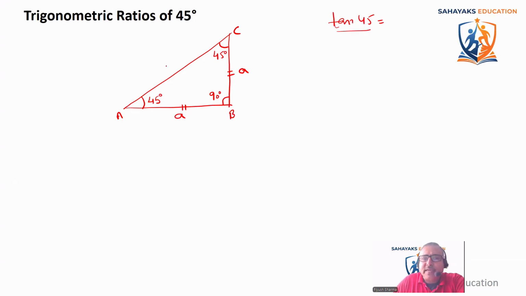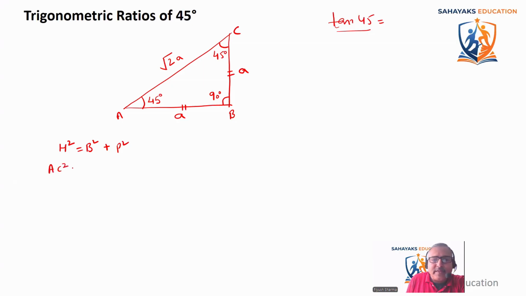Now, what is hypotenuse here? So hypotenuse comes out to be square root 2 of A. And how did we find this value? We find this with the help of the Pythagoras theorem. So we'll say hypotenuse square is equal to base square plus perpendicular square. Now hypotenuse was AC.